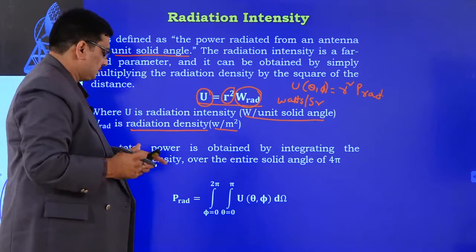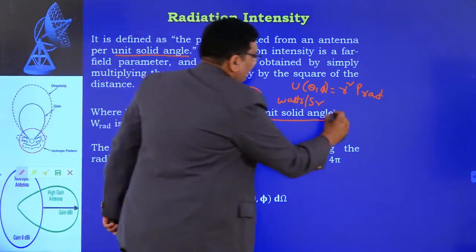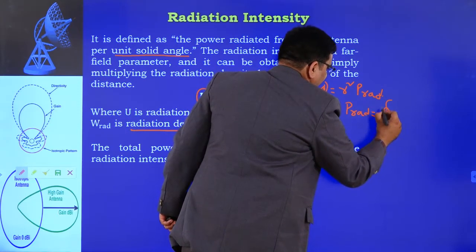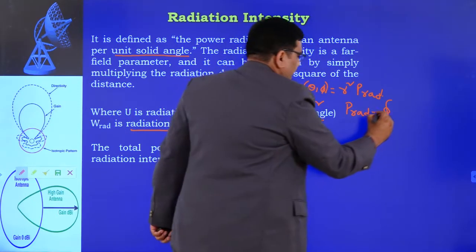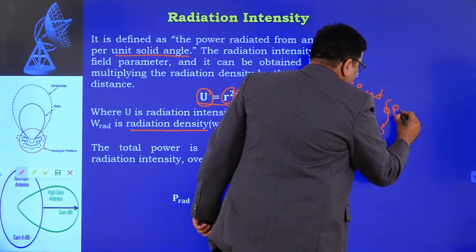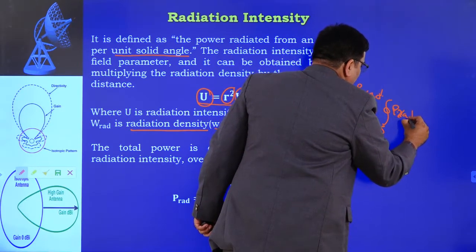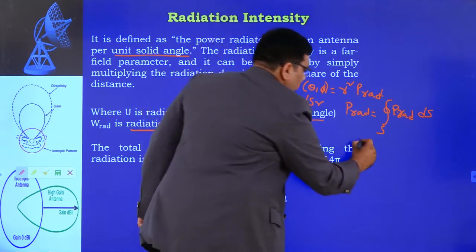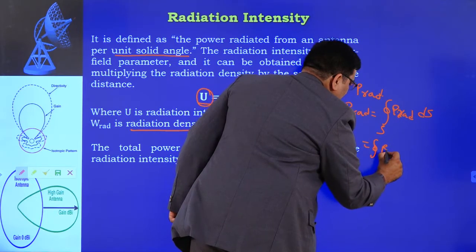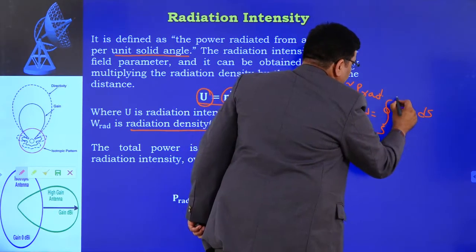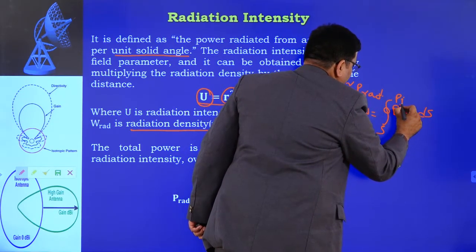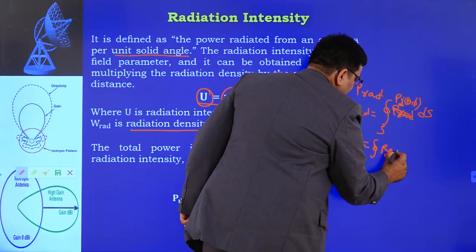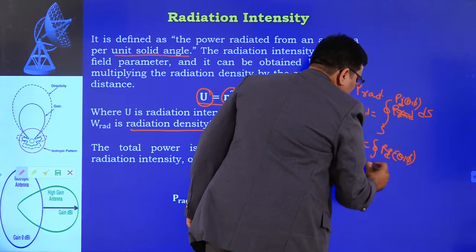We are finding P rad, which is the surface integral of PD of theta comma phi into ds.